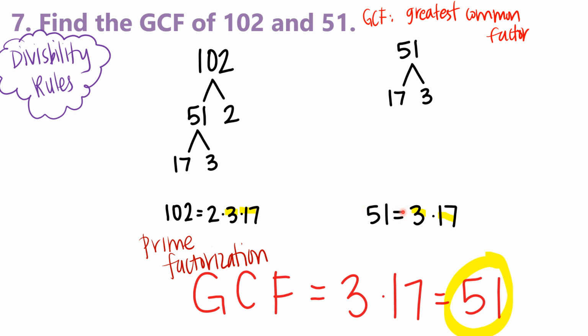And for 51, the prime factorization is 3 times 17. Then you compare these two and ask, what do they have in common? We're looking for the greatest common factor. They both have a 3 in common, and they both have a 17 in common. So we pull both of those down and multiply them, and that becomes our greatest common factor.